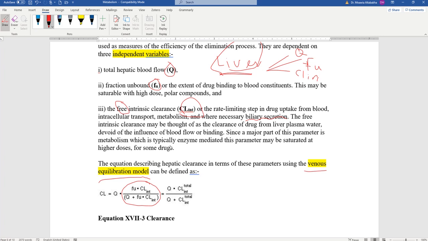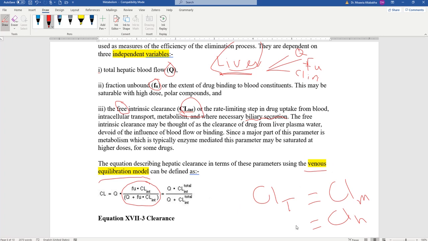Okay, assuming that the drug is cleared only through metabolism, now we say the total clearance, I write here CL total, is equal to the clearance by liver, or let's say metabolism, which is the same as the hepatic clearance CLH.